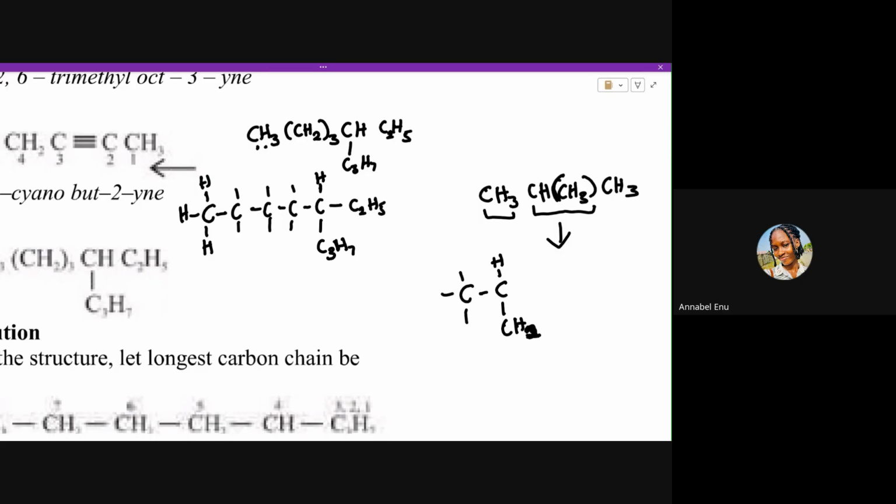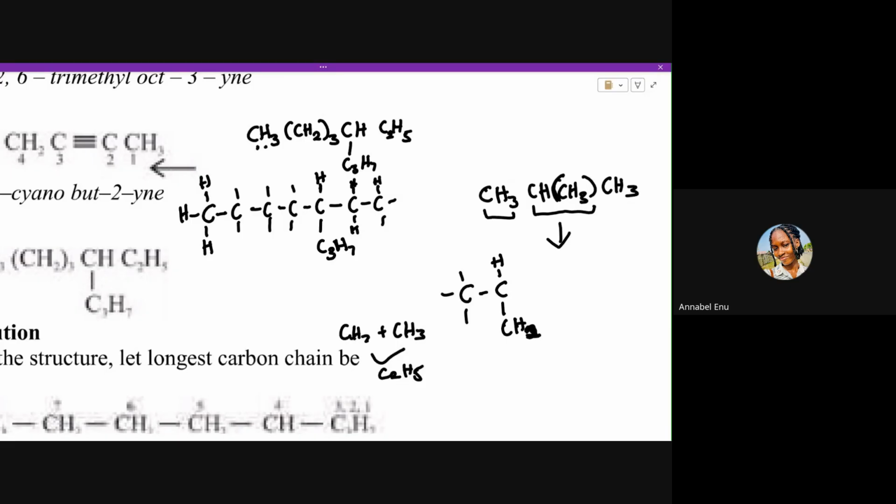It's better you split it because that splitting will help you know your longest carbon chain, but either way, you will also get your longest carbon chain. CH2 plus CH3 is still going to give us C2H5. So splitting it like this is the same thing as what we have here.